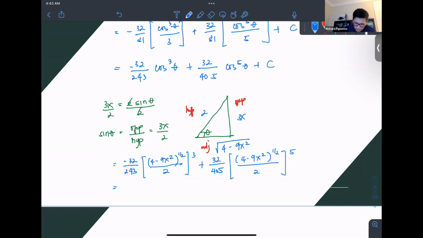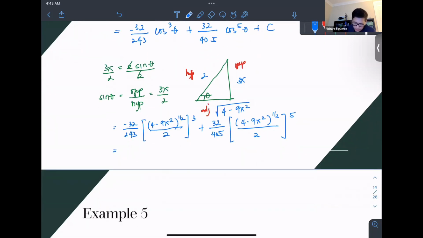So finally, what we have there would be, 2 raised to 3 in the denominator. 2 raised to 3 is 8. So negative 32 over 8 is negative 4. So negative 4 over 243, and that will be multiplied with 4 minus 9x squared raised to 3 over 2.